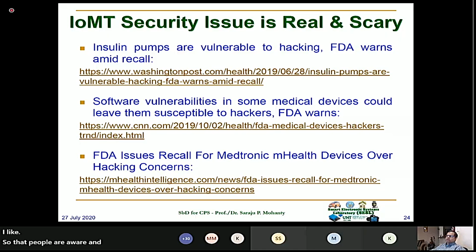Other examples we have seen are pacemakers, like this Medtronic pacemaker, which has Wi-Fi connectivity and is connecting to the servers. As per the news here, users are not aware that their pacemaker is connected to the internet. So those kinds of warnings the FDA gave, and these are scary.